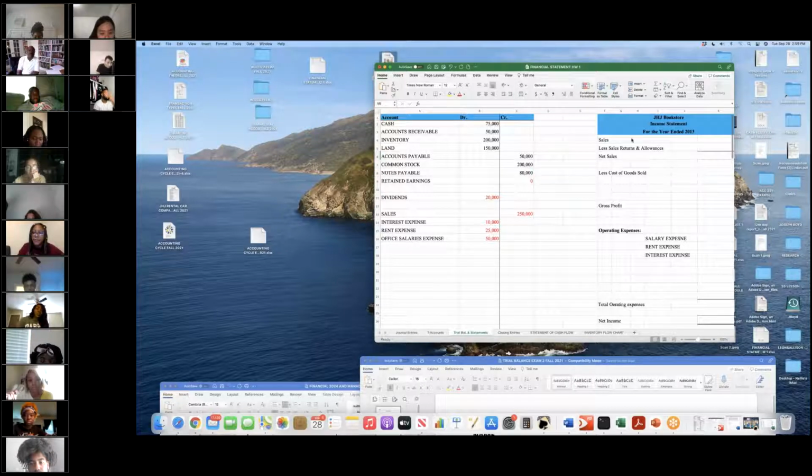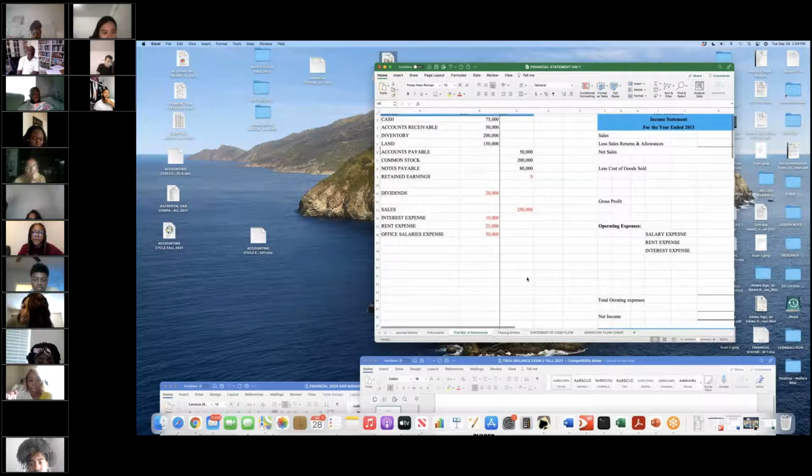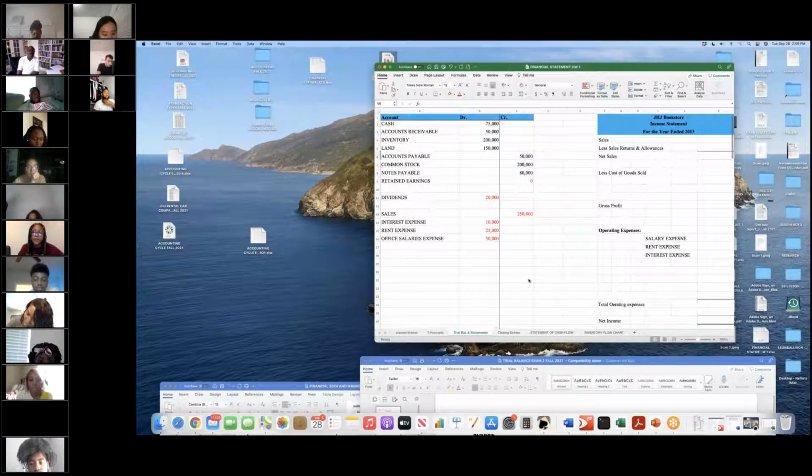So this is our trial balance, balancing out at 580. If you posted all those transactions and prepared a trial balance in the correct order, this is what it would look like. Okay. Are there any questions on the trial balance?